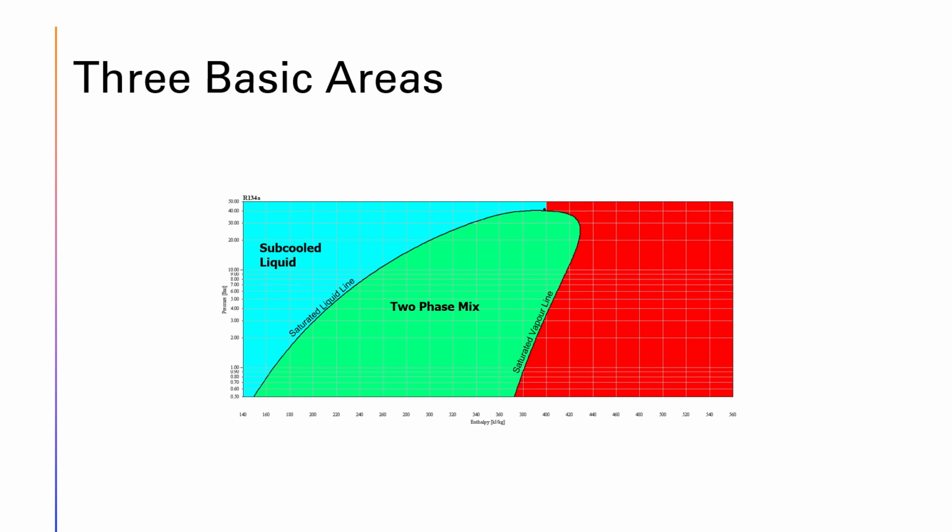Anywhere below that, to the left of that line, is the subcooled liquid line, and anywhere above that line in red is the superheated vapor line. We also got the critical point of the refrigerant.